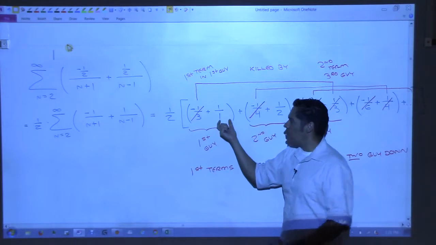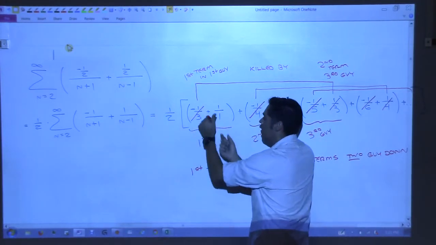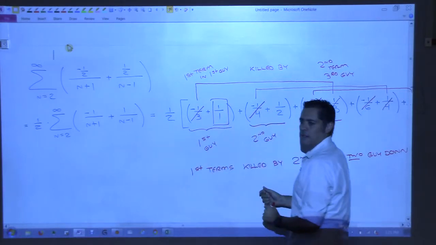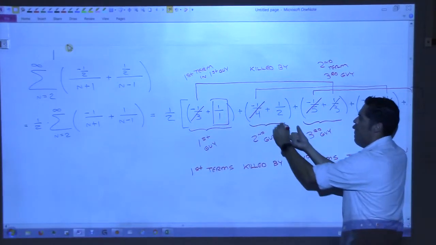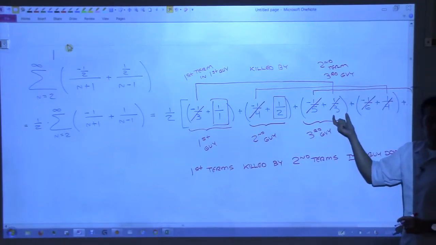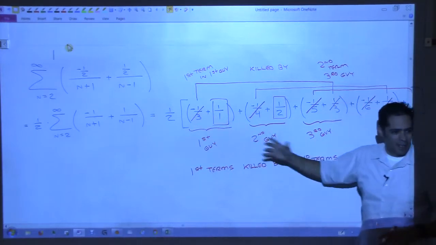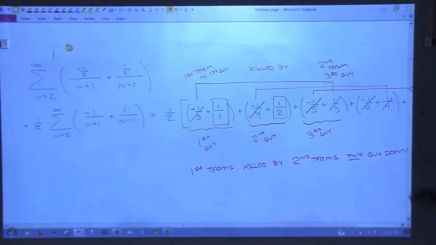Since this is the starting one, there is no guy 2 in front to kill this one off. So this one stays, doesn't it? And then this one stays, right? And this one did get killed off because there was a first term 2 upstream. That kind of makes sense? Okay, so I've established the pattern.